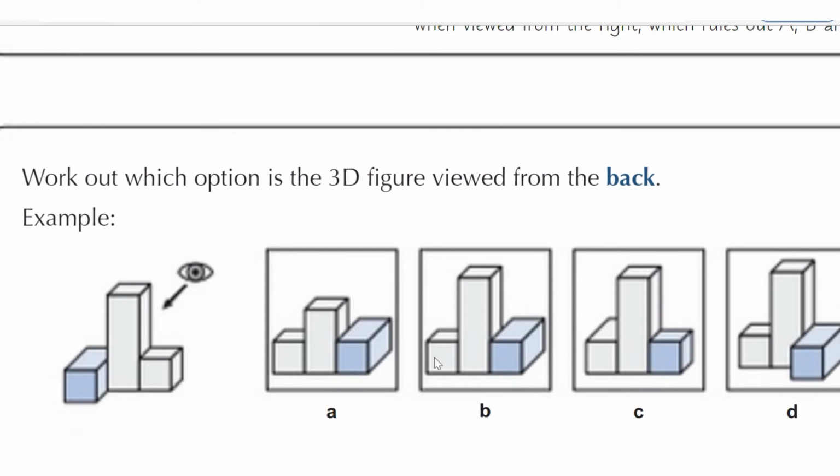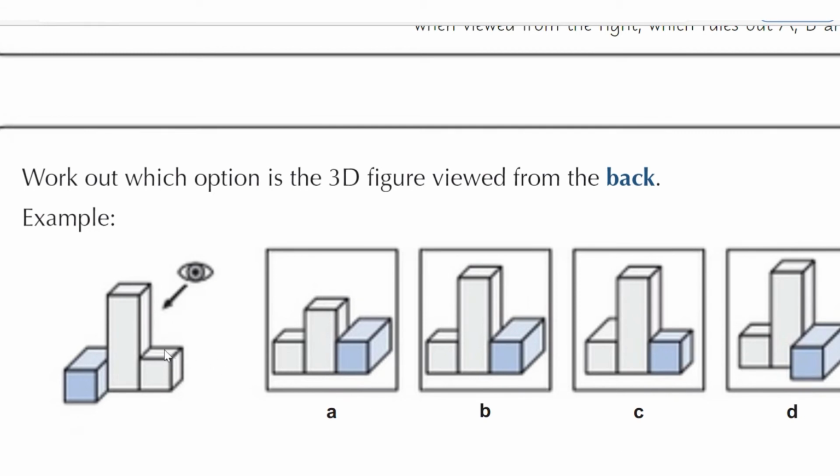So let's see. Blue on your right. Looking at it from the back, you can only see the blue protruding towards you when you're looking from the front, but from the back it's not protruding. So I will strike out D because it's not protruding.